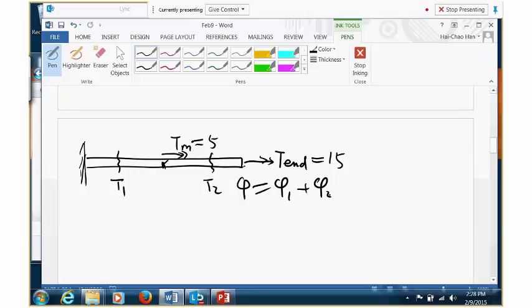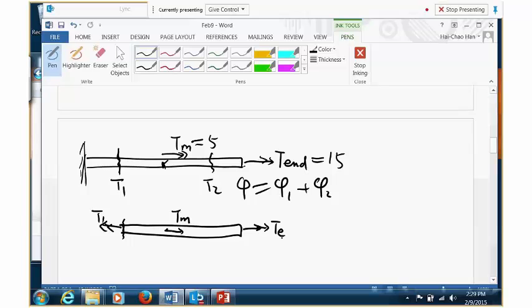How do you get T1? Free body diagram. So you make a cut here, and then I can draw this right part. Right? So here's the T1. Now the load, I need to label the load. So you're going to have a Tm here, and then you're going to have a T end here.